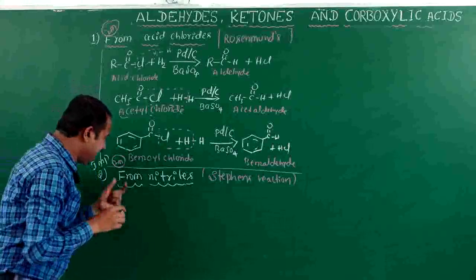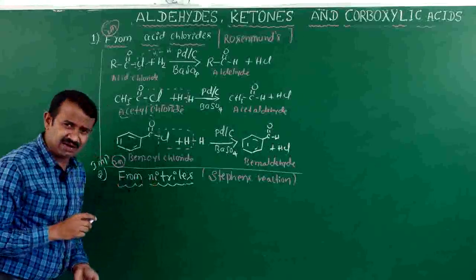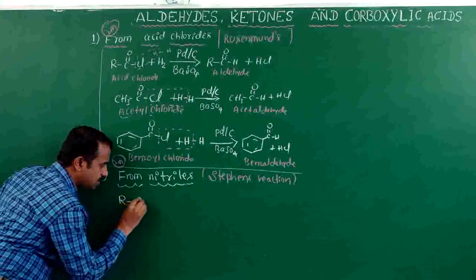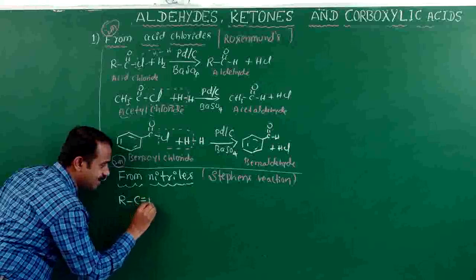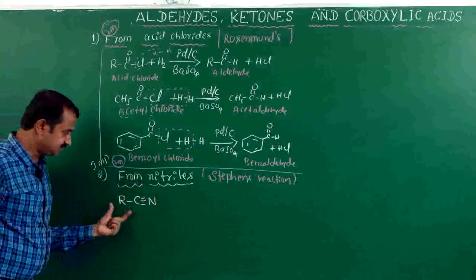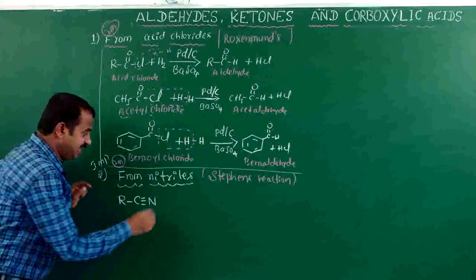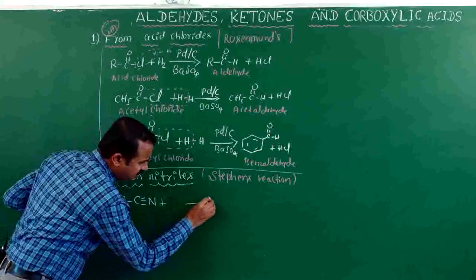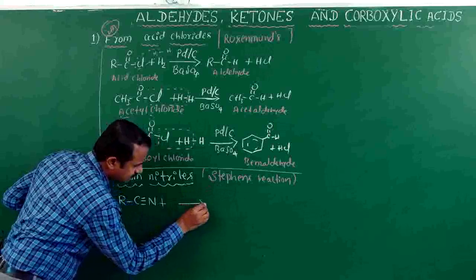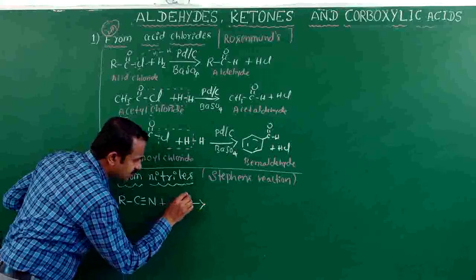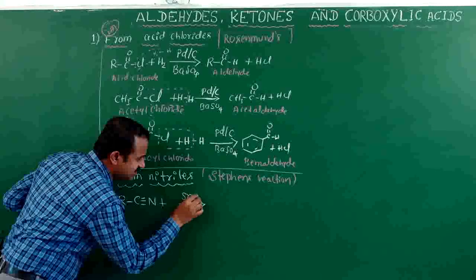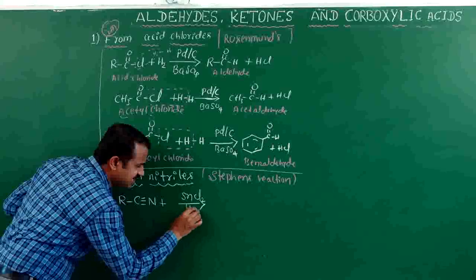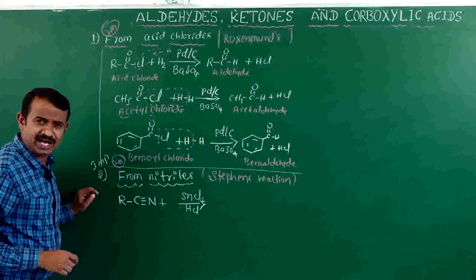Okay, here also, nitrile general formula. What is the general formula of nitrile? RCN. Nitrile is reduced with the reducing agent tin chloride in presence of hydrochloric acid.